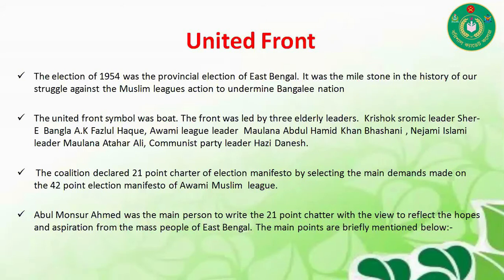Here I would like to mention that Hossain Shaheed Suhrawardy contributed a lot in this election. He had a tremendous role for the United Front. Bangabandhu Sheikh Mujibur Rahman took the spotlight among the youth with his growing popularity.